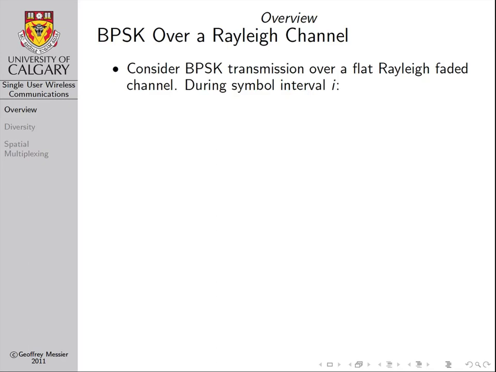So let's start by considering BPSK transmission over a flat Rayleigh faded channel. And just to introduce some notation, during symbol interval i, h_i represents the channel. Now, we know that a flat fading channel has only a single tap, and h_i represents that tap.